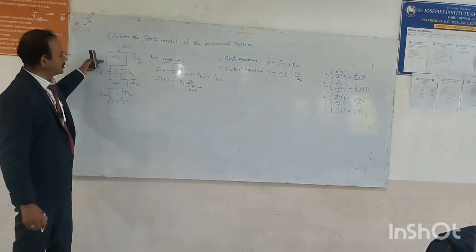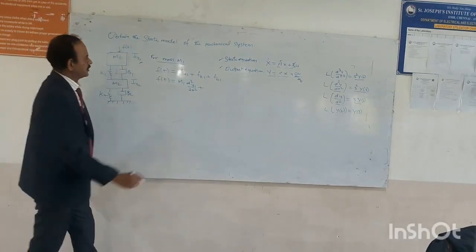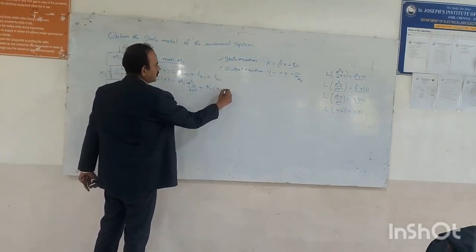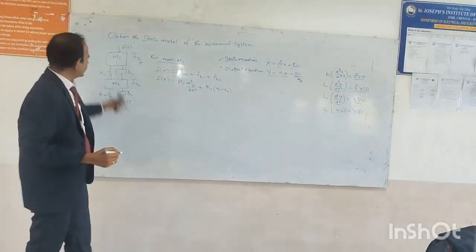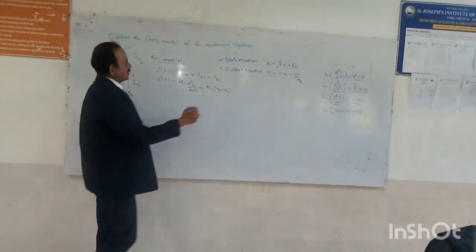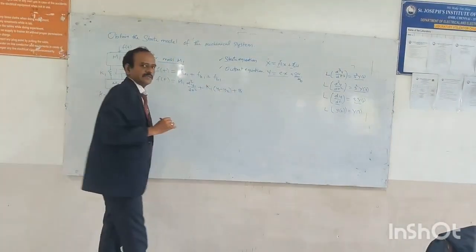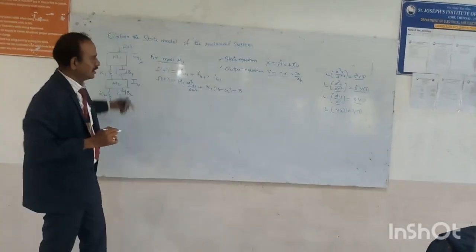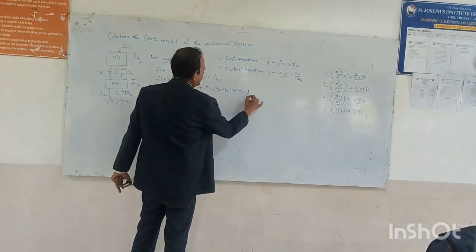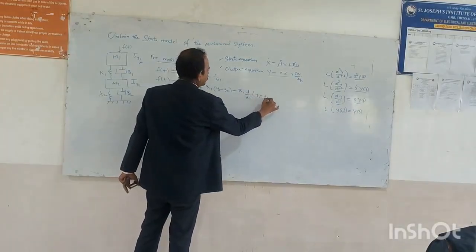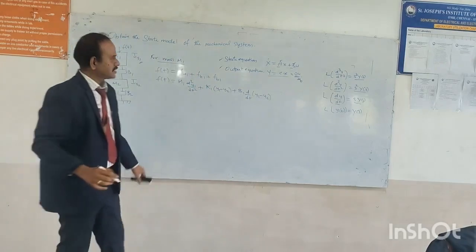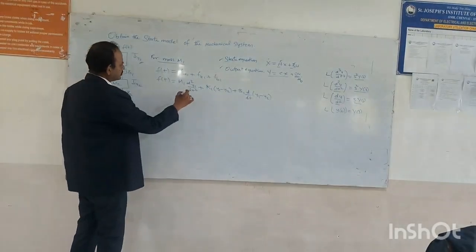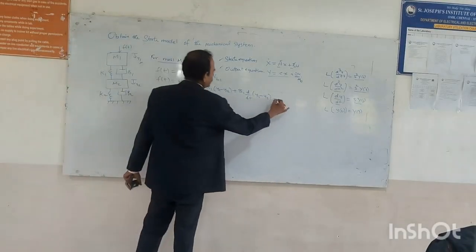K1 is common to both displacements y1 and y2, so here we can write K1 into y1 minus y2, since it is acting on both displacements. For the dashpot we can write B1 into d by dt of y1 minus y2, since this is also acting on both displacements. Here we are considering mass 1. So it is a differential equation for mass 1, and this is equation 1.